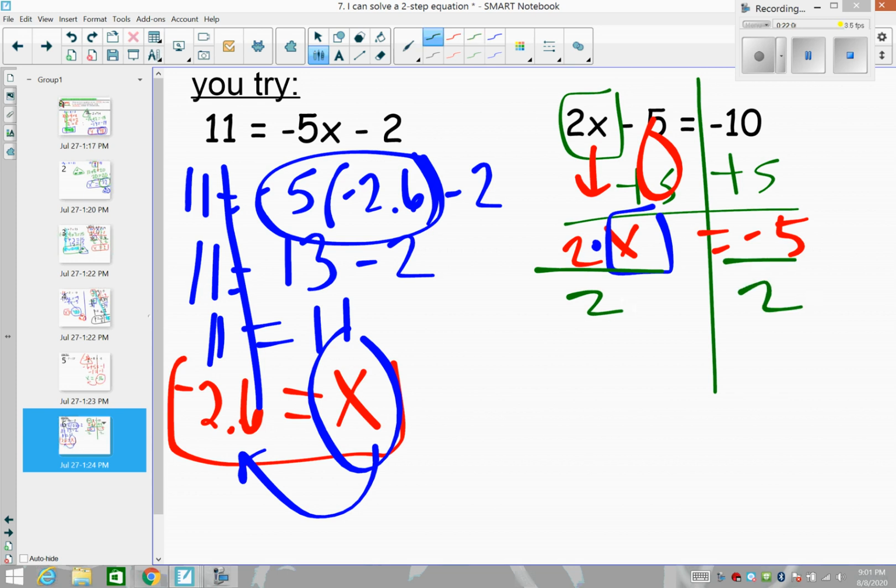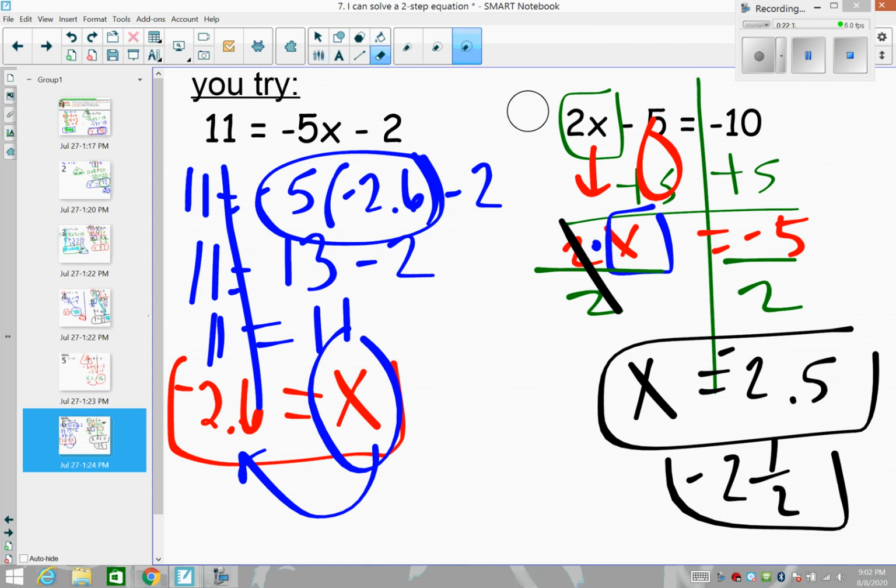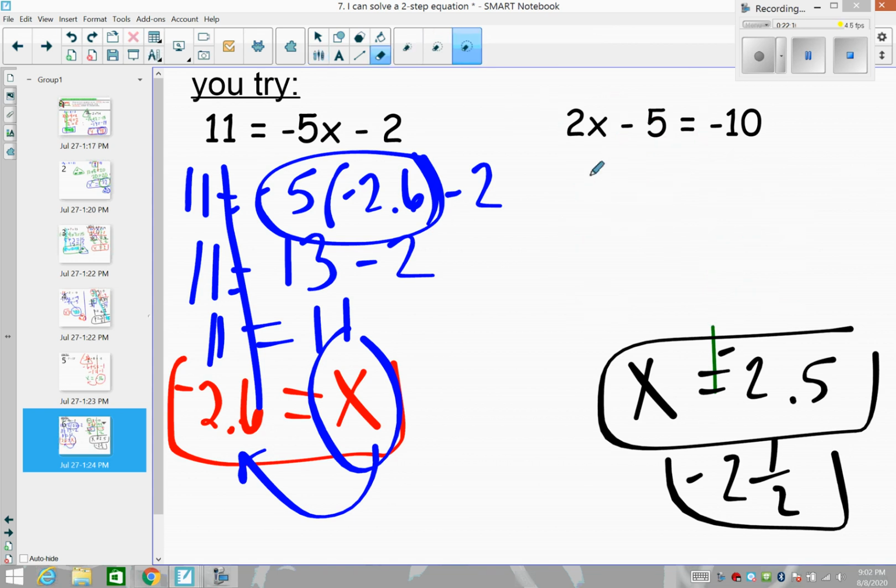We have 2 divided by 2 is 1, and we get x is equal to negative 2.5. Or you could also have negative 2 1/2 is also acceptable as a mixed number. So we're going to substitute back in as our very last step, and we are going to be done for today. So we have 2 multiplied by negative 2.5 minus 5.